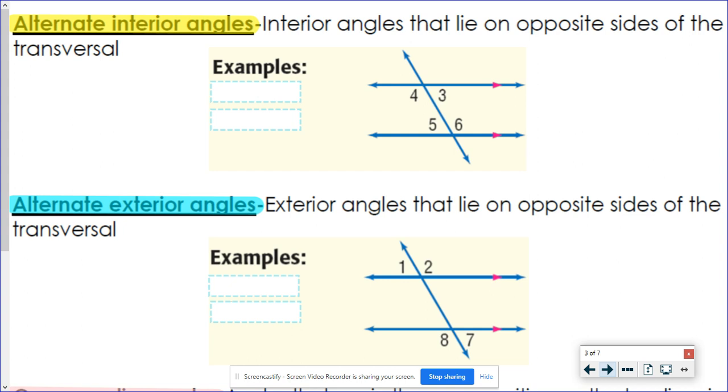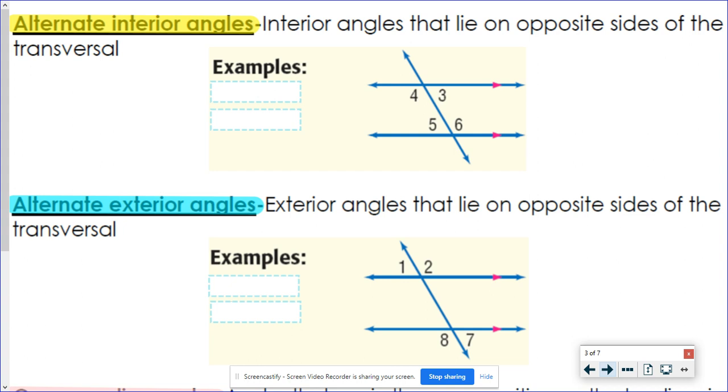So you can see the extra arrowheads that are on the two lines there. That means that those are parallel lines. And you can see that now I only have numbered the interior angles in this one. So we're talking about something called alternate interior angles. So interior angles, that 3, 4, 5, and 6, those are all interior angles because they're inside, in between those two parallel lines.